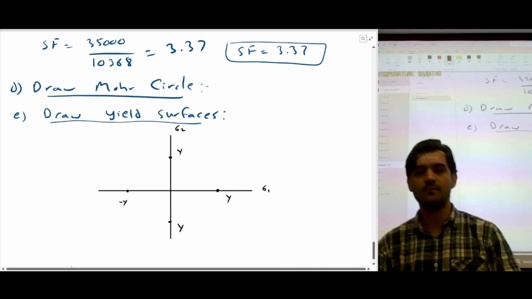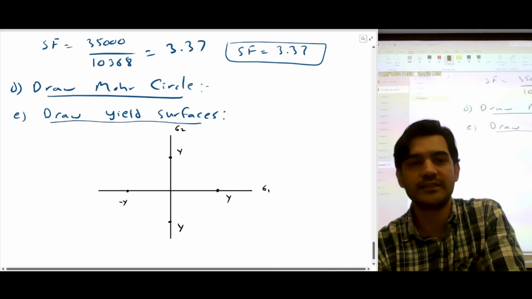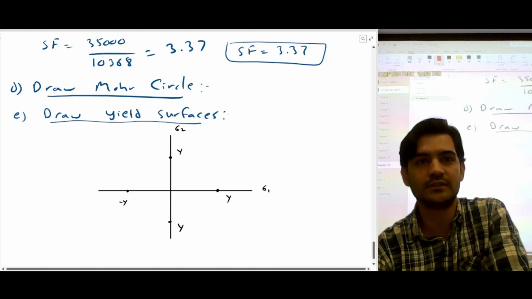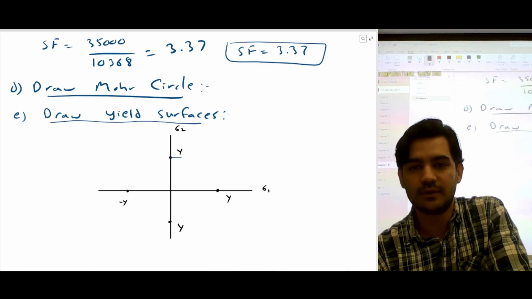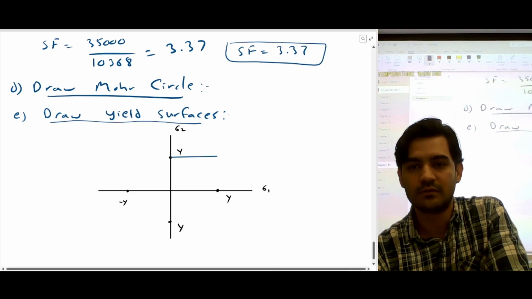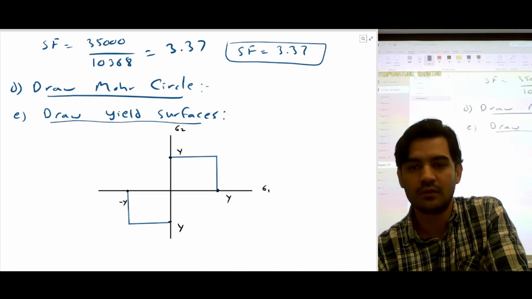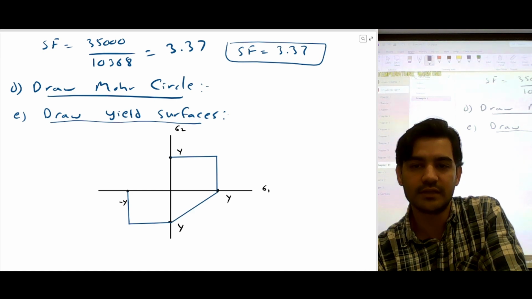For the Tresca yield surface, you can draw it by making a box and then drawing straight lines here.